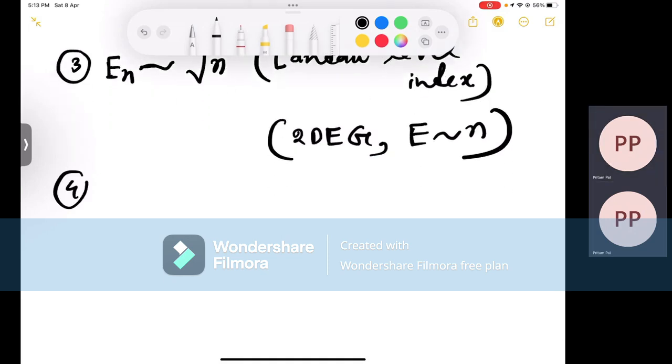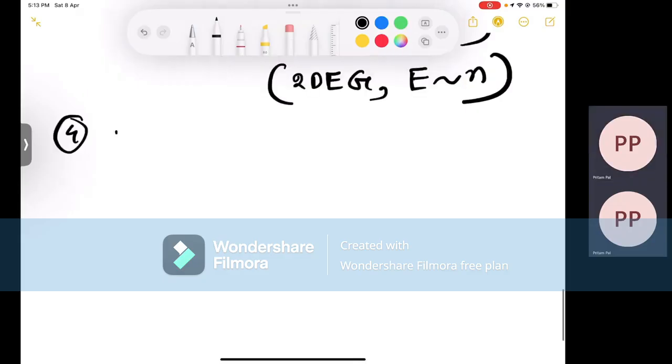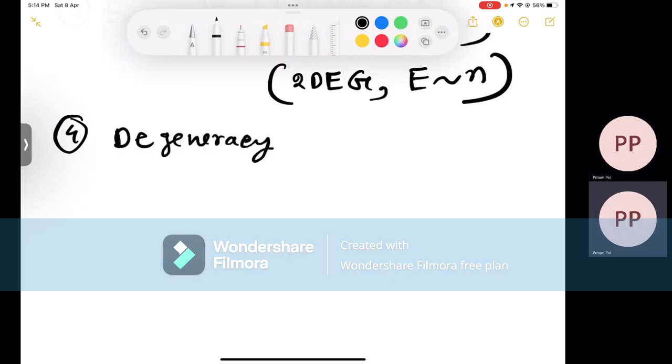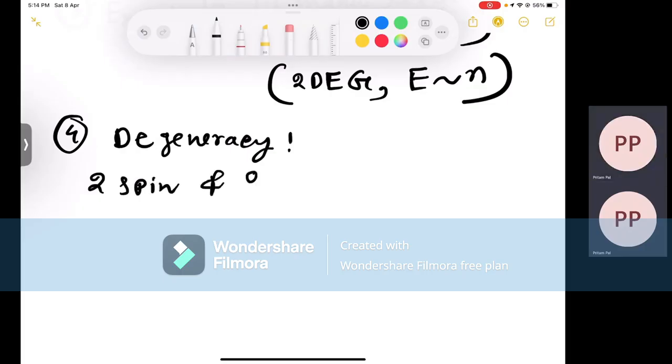The fourth one is nothing but the degeneracy, right? So here you have two spin, two valley for graphene.